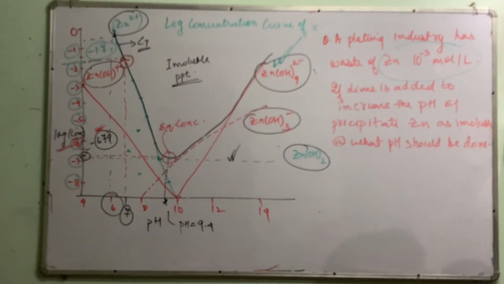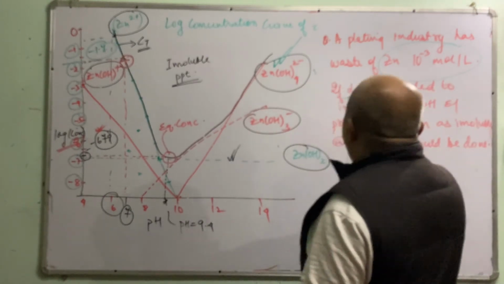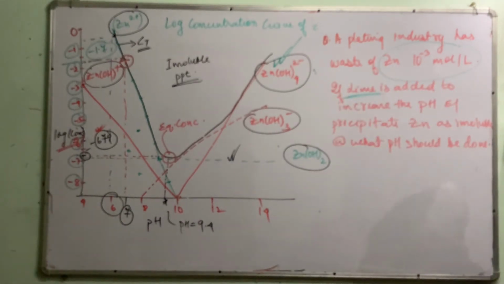Now the question is, if you want to precipitate it out, at what pH should you maintain? You add lime so that you can increase the pH. It's one of the cheapest technologies. So till what pH should I do it so that it will get precipitated?